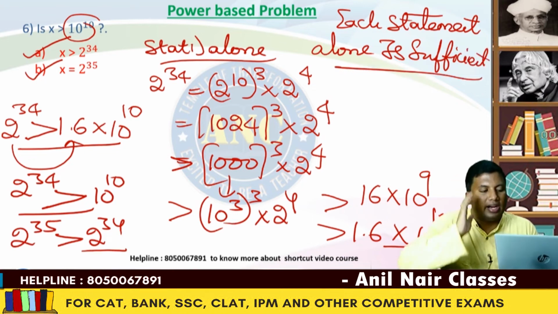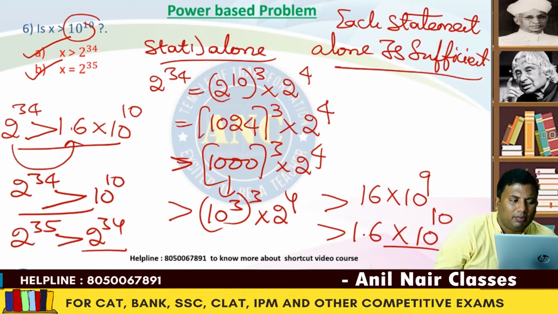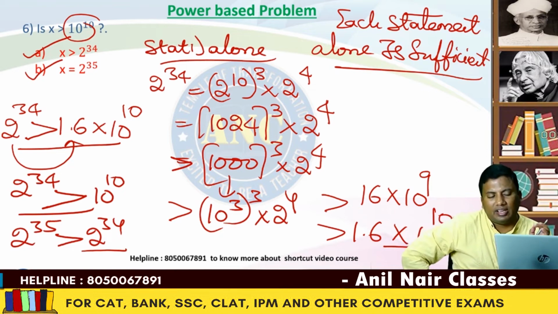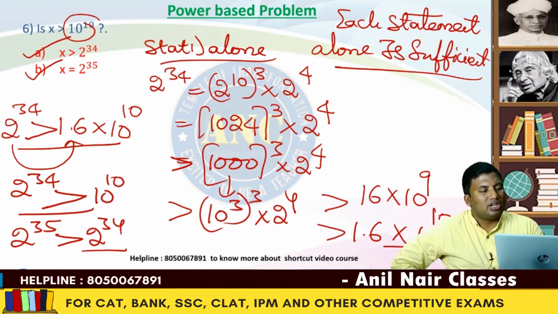I hope the idea is clear. If 2 power 34 is greater than 10 power 10, 2 power 35 will anyway be greater than 2 power 34. So the answer is each statement alone will satisfy this question.